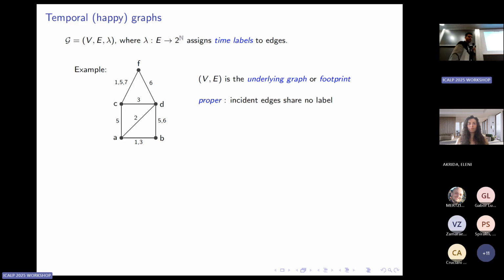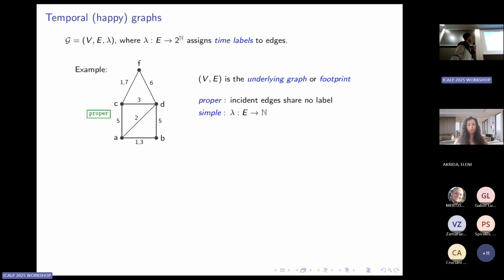For example, in the picture, we have multiple labels that are incident to the same vertex. So to make it proper, we remove some of them. And we say that the graph is simple if each edge receives only one label.